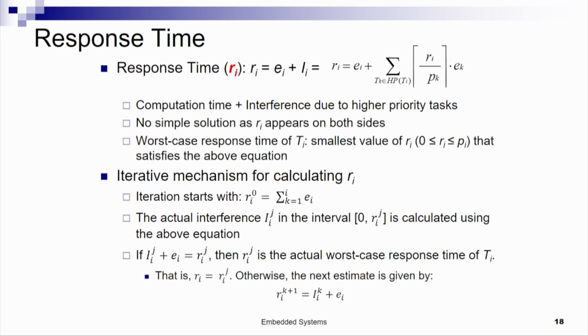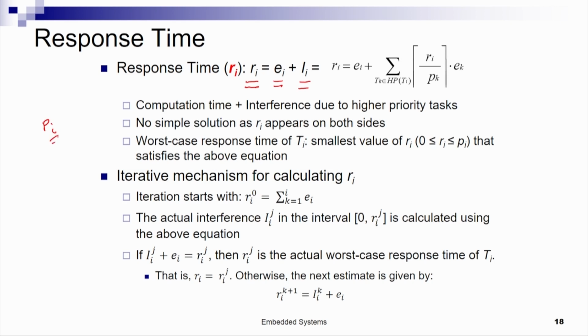So, as we said, the response time has two parts. The response time of the ith task is given by the execution time of the task itself plus the interference created by higher priority tasks. If we look at RM, we will see that during any period of time, the execution time has to complete before its period Pi. So, Ei is its execution time and Pi is its period.